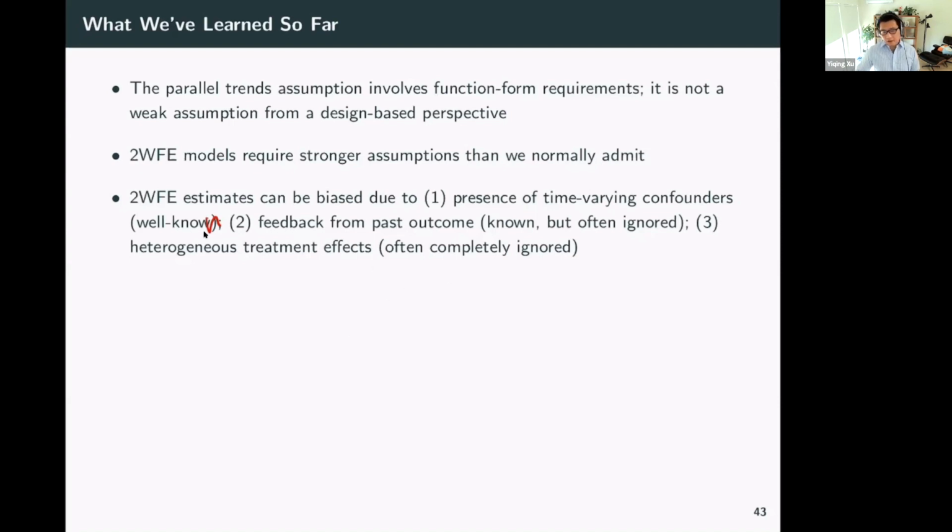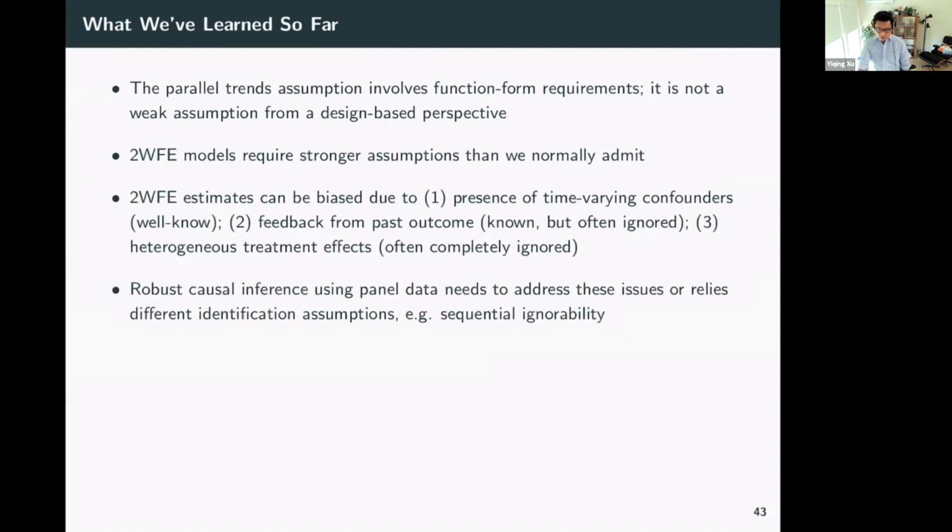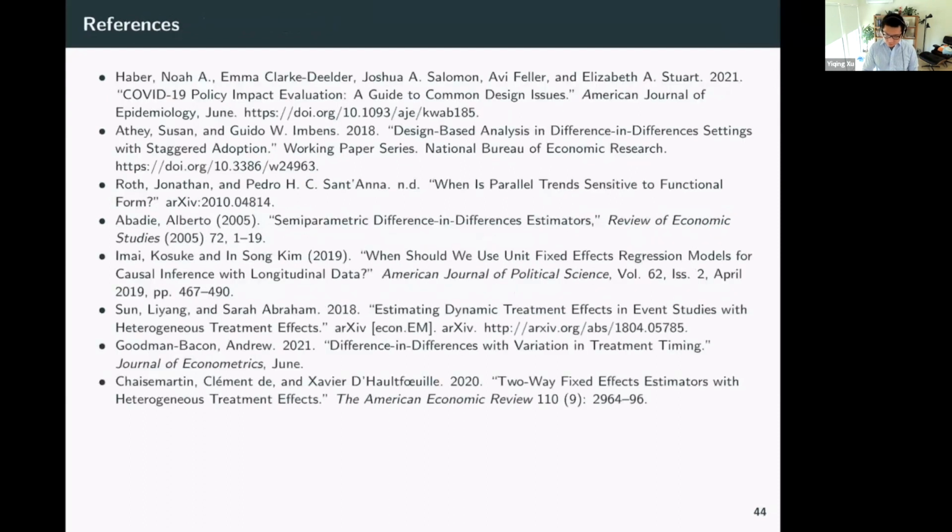A third problem is that if you have heterogeneous treatment effects, which is often completely ignored, you will have a weighting problem, and sometimes a negative weighting problem if you have strongly changing treatment effects over time. Robust causal inference using panel data needs to address these issues or rely on different identification assumptions, like sequential ignorability, which we will discuss on Friday. And these are the references for today.